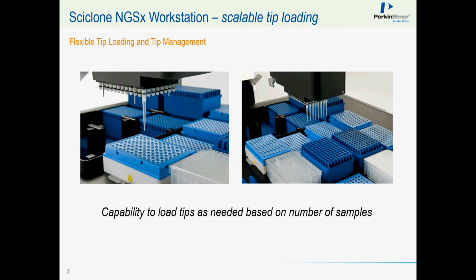Our reason for that is so we can reduce the amount of dead volume required to run. Sometimes in the kits that are distributed, you barely have enough reagent for what you need to do, so we want to minimize the amount of dead volume the user has to go through.